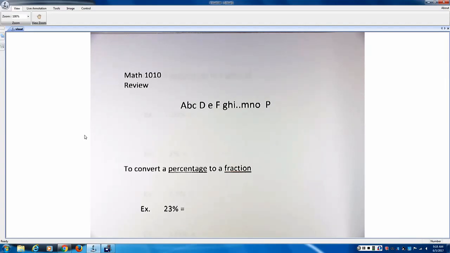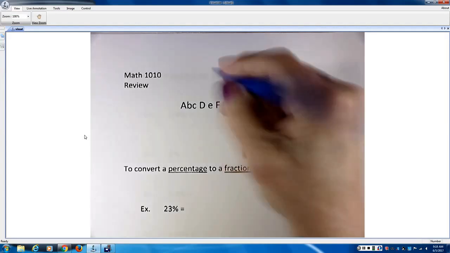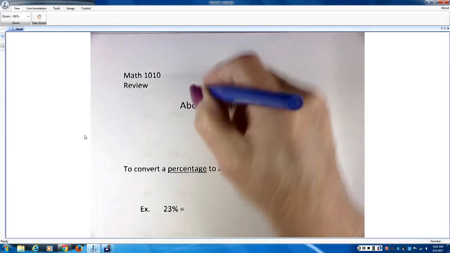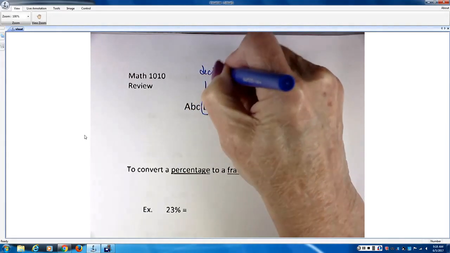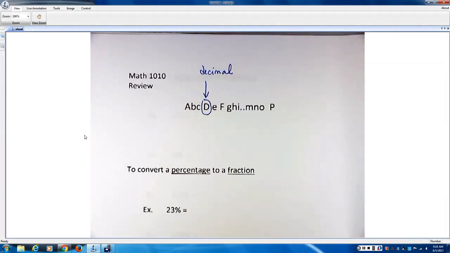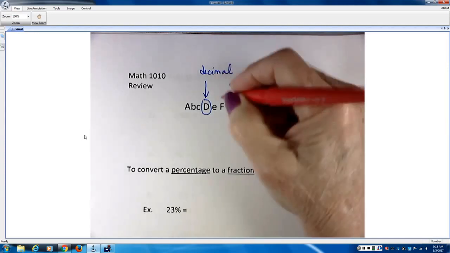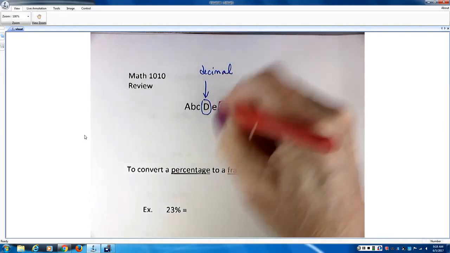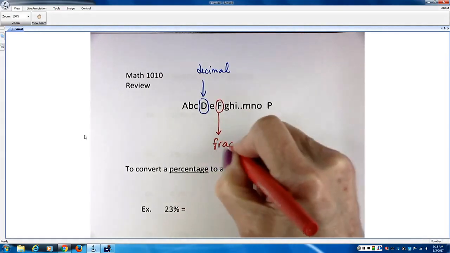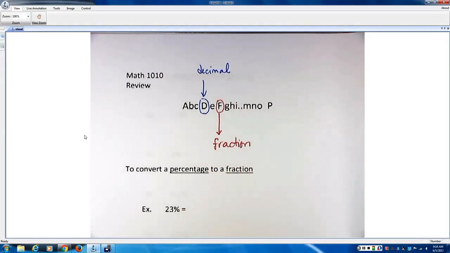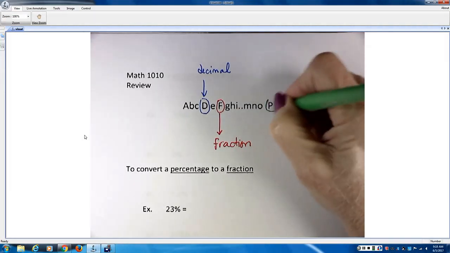Because A, B, C, D is for decimal. E, F is for fraction. And then GHI all the way up to LMNOP is percent.